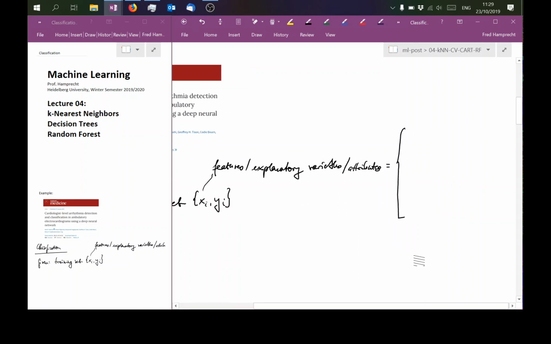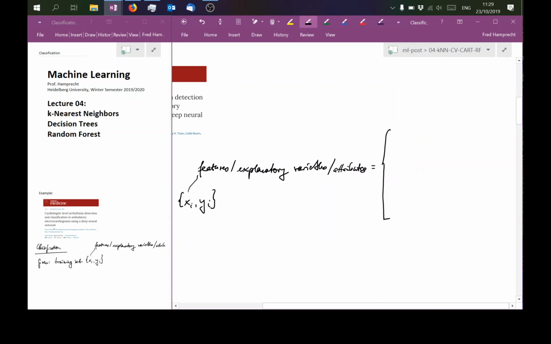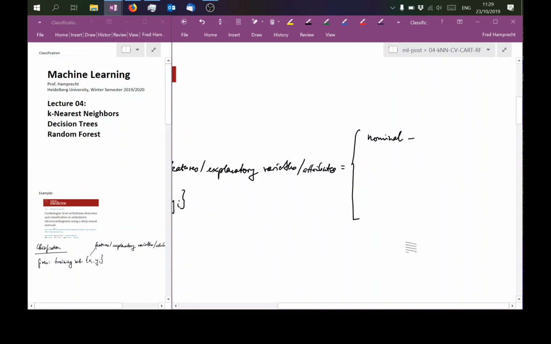So these features could be on the nominal scale, where nominal describes a set membership.